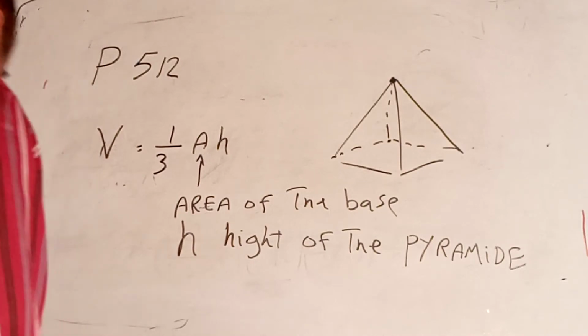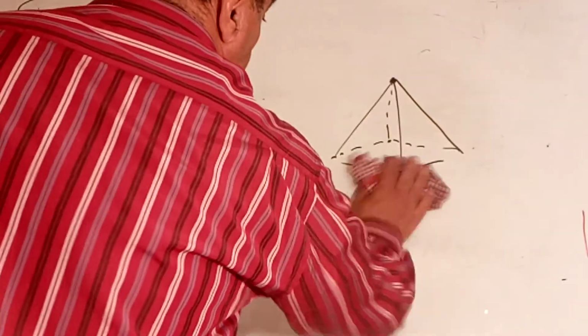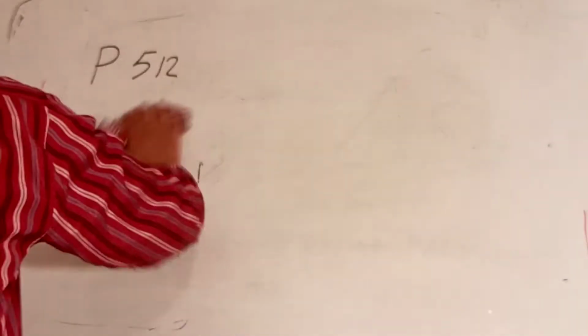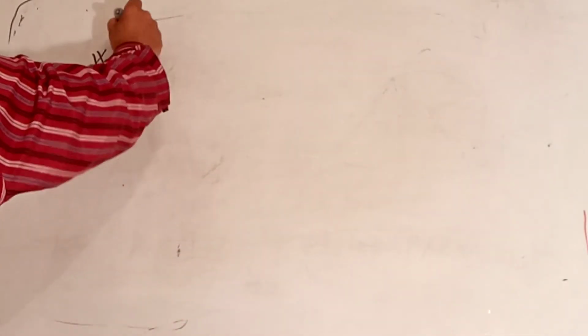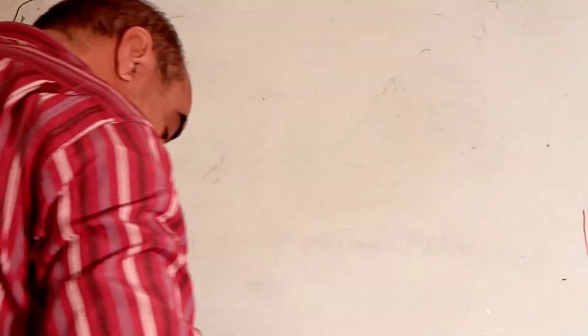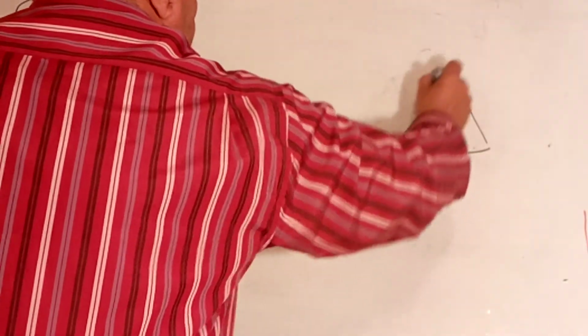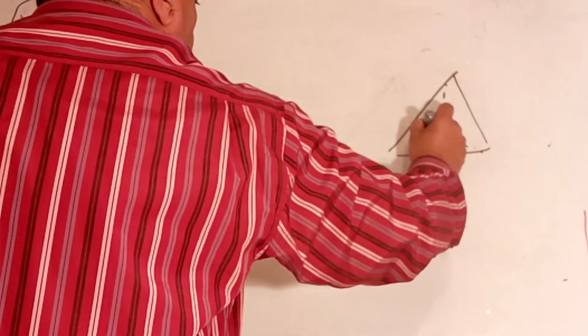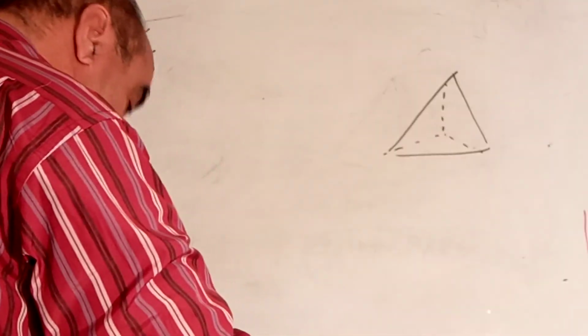Let's go to example number 16, page 512. Calculate the volume of a pyramid. He gave me the pyramid. This is the pyramid. It's got the base.